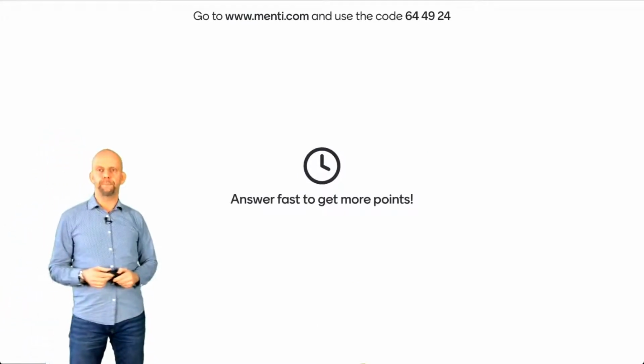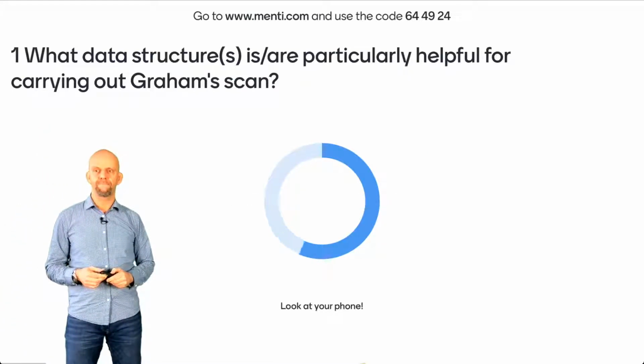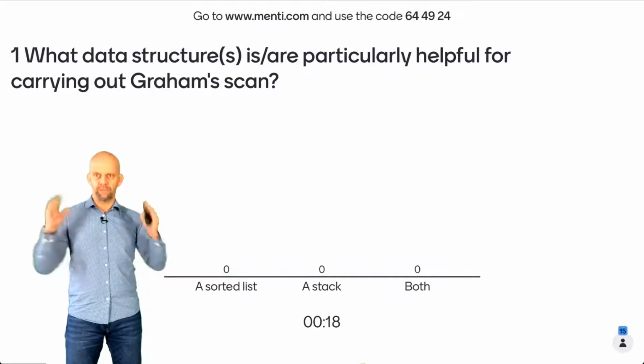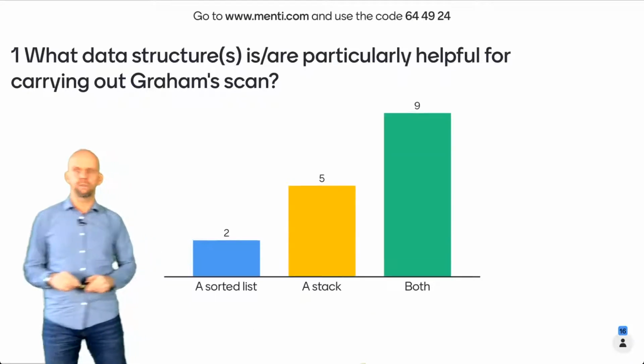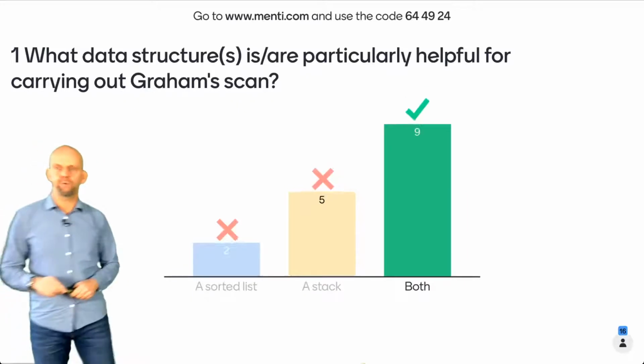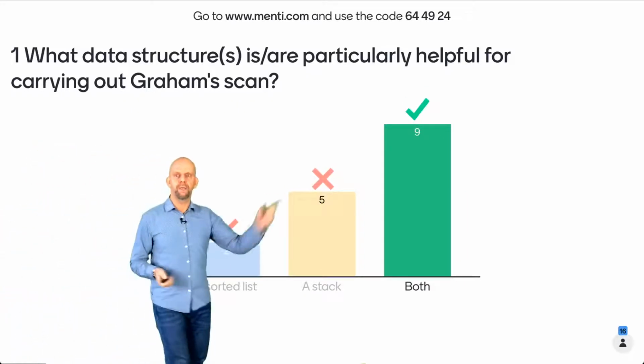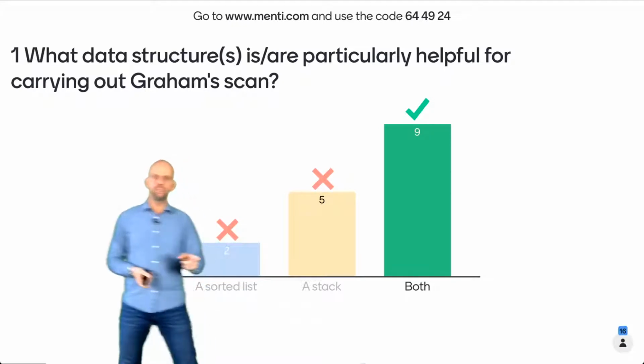Question number 1. What data structures are particularly helpful for carrying out Graham scan? A sorted list, a stack, or both? Quick responses. And the answer is, indeed, both, because you need the sorted list.